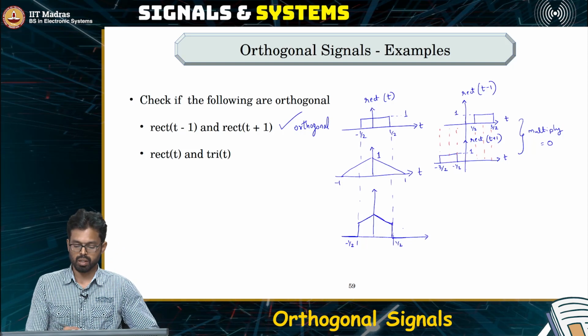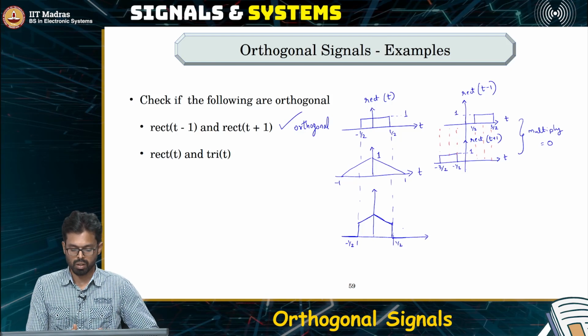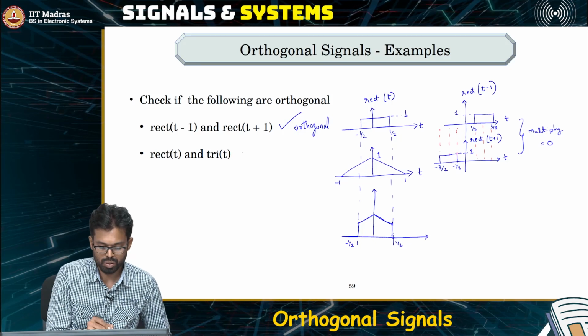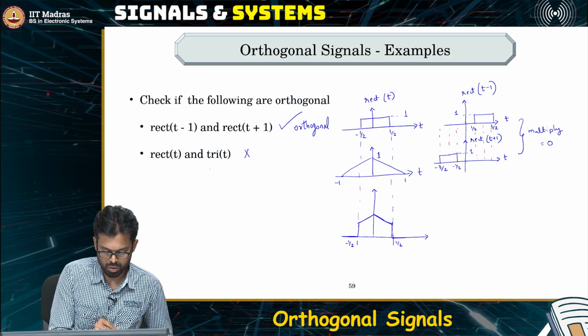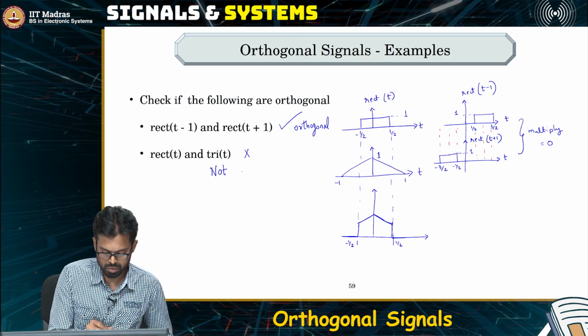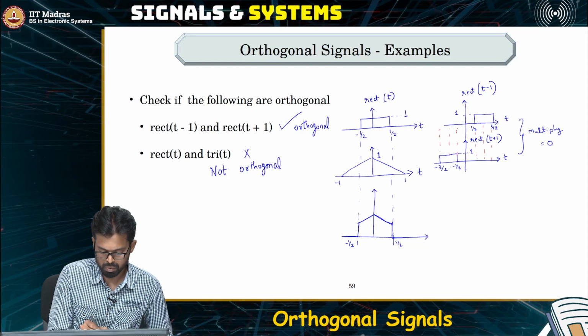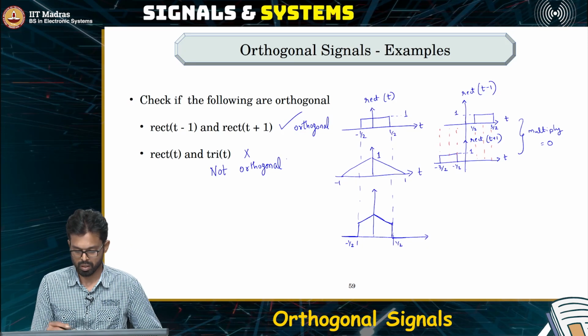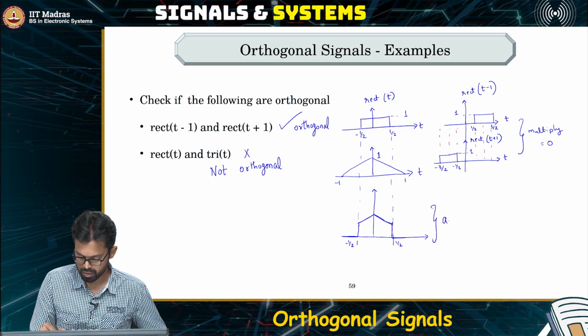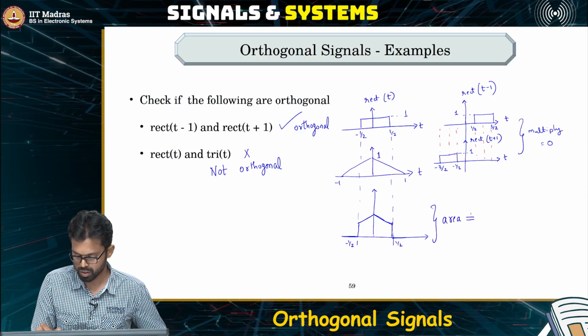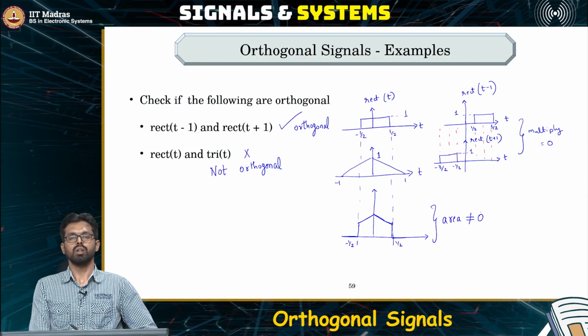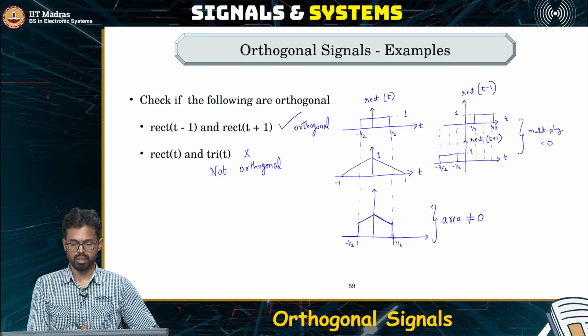So when you compute the area of this product, it is non-zero. So which means these two are not orthogonal. Okay, so here the area is not 0. So they are not orthogonal signals.